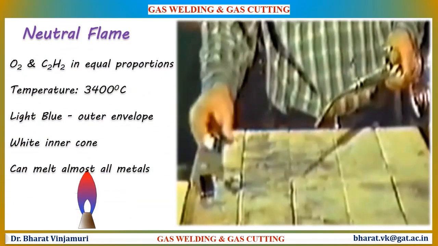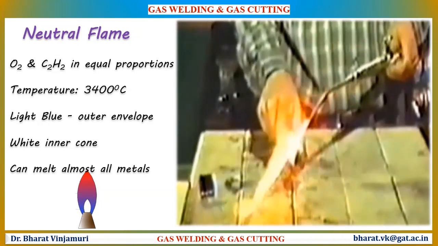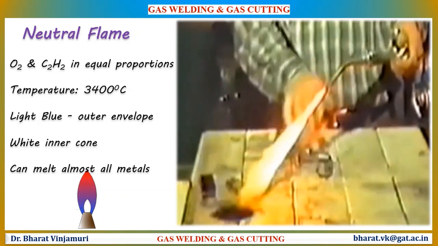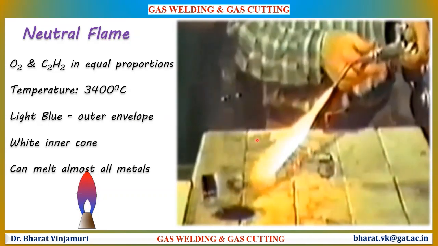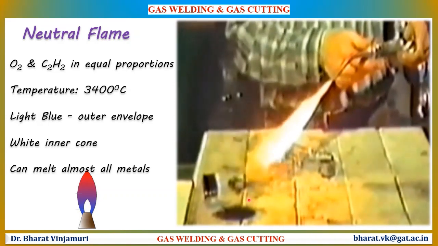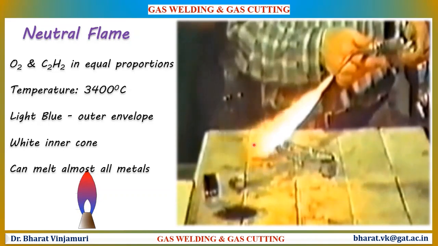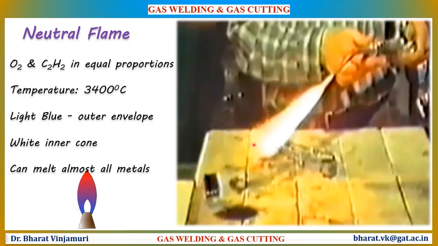To produce a neutral flame, open the acetylene valve initially and ignite with a lighter. The acetylene flame is pale yellow inside and deep yellow color surrounding it, and it is smoky at the outer tip of the flame.